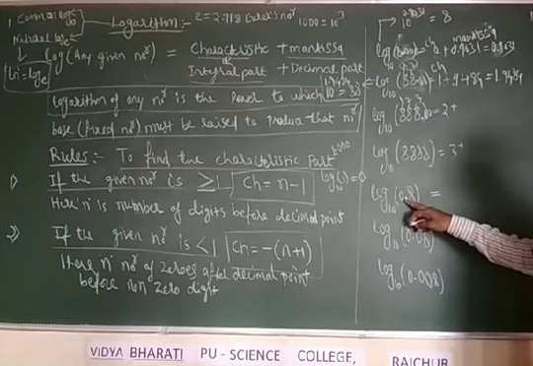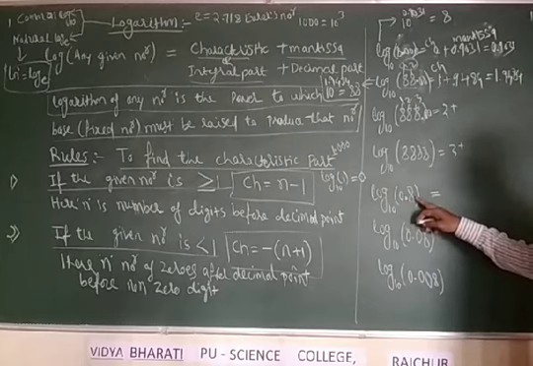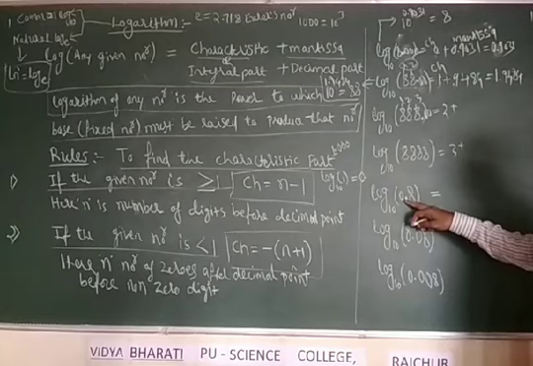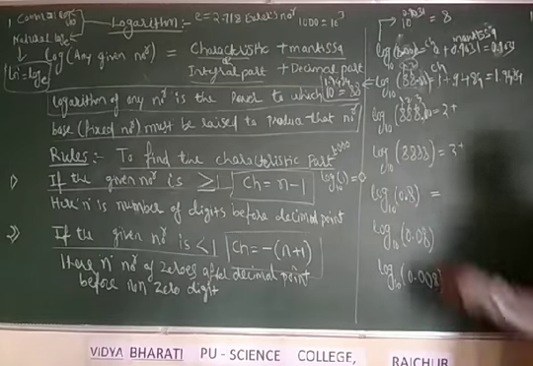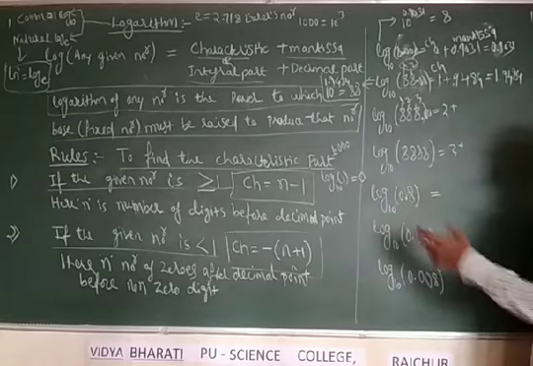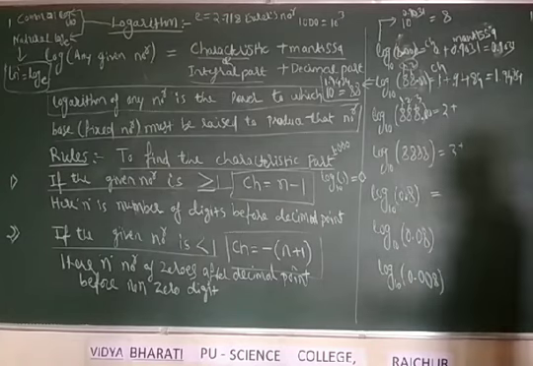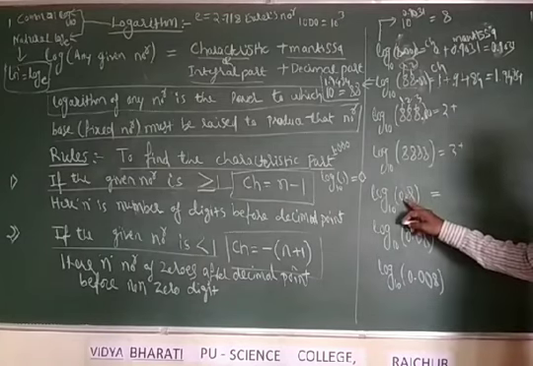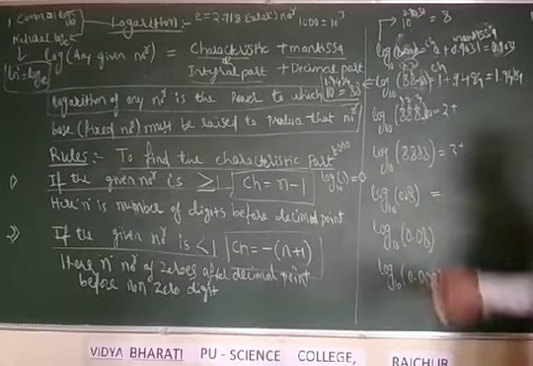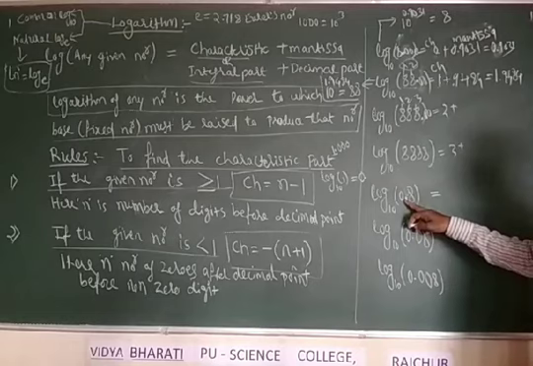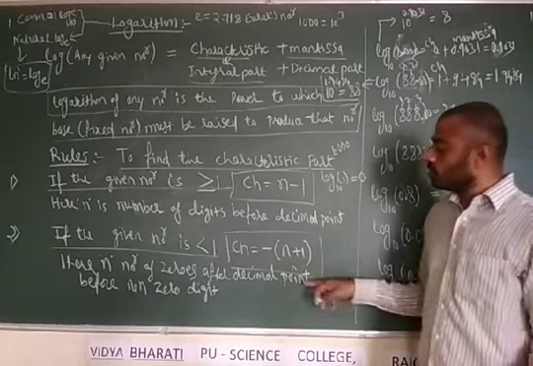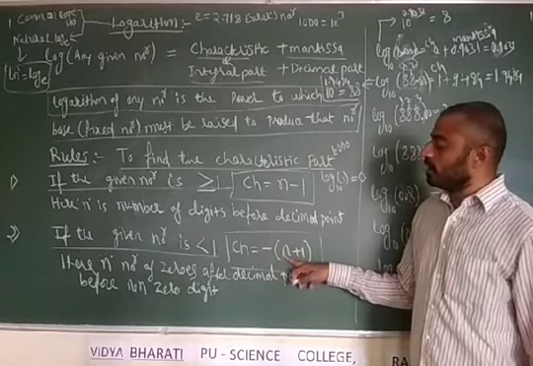Immediately after this decimal point, we come across 8. There are no zeros in between the decimal point and 8. It means the number of zeros between the decimal point and 8 is 0. Before this 8 and after this decimal point, as there are no zeros, n itself is 0 here.